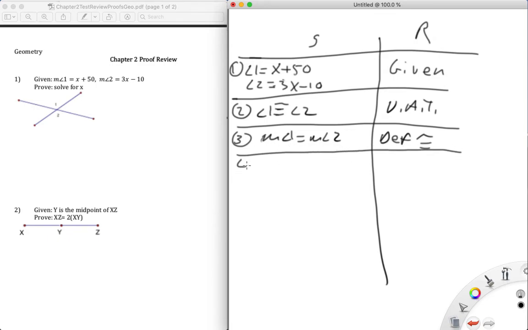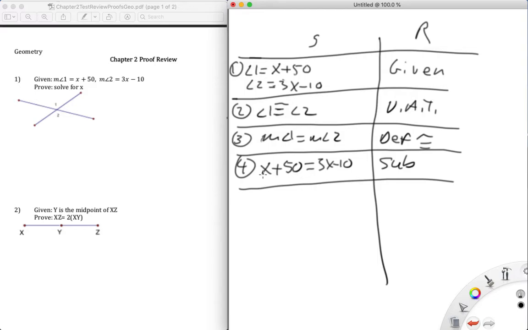Alright, so now that I've established that 1 is equal to 2, I know that 1 is equal to x plus 50. I can substitute x plus 50 for 1, and I can substitute 3x minus 10 for the measure of angle 2. So I can say that x plus 50 is equal to 3x minus 10 because of substitution.